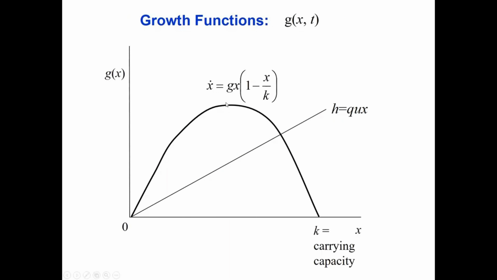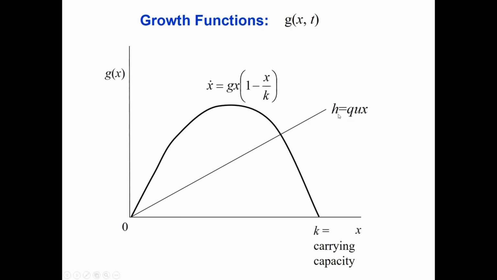Now, the most common functional form that is used in the economics literature is the growth function. x dot is a function of g, where g is some intrinsic growth rate. x is the stock, and then all of that multiplied by 1 minus x over K, where K is the carrying capacity, and often we set K equal to 1.